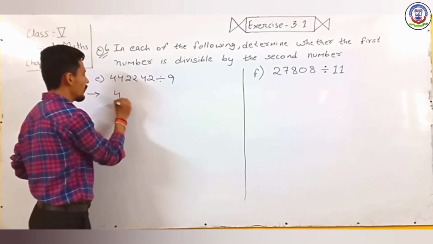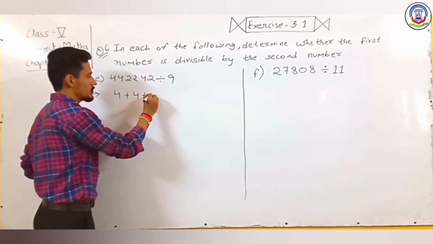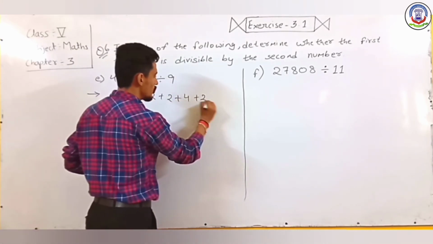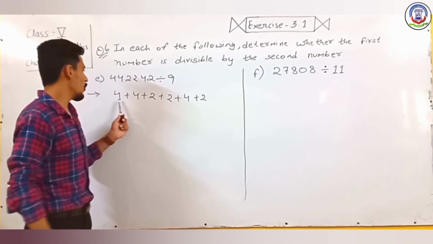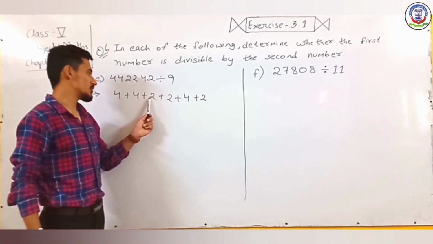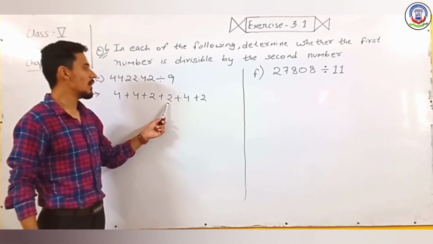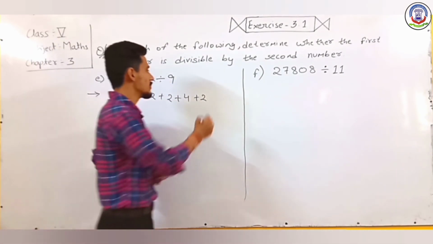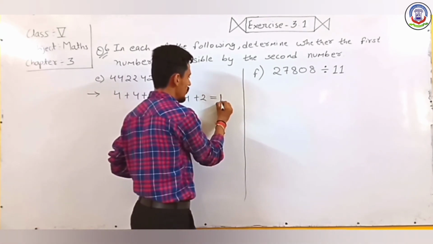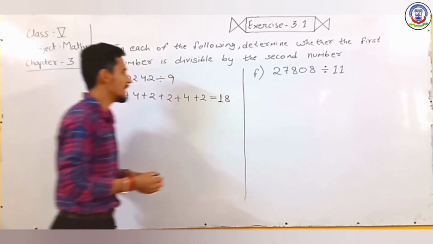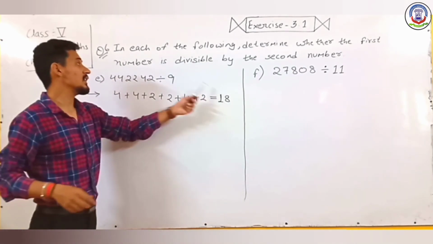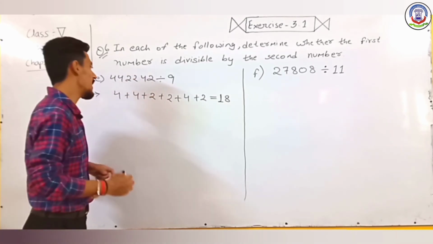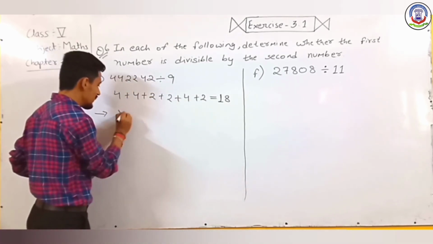We have 4 plus 4 plus 2 plus 2 plus 4 plus 2. So 4 plus 4 is 8, 8 plus 2 is 10, 10 plus 2 is 12, 12 plus 4 is 16, 16 plus 2 is 18. So the addition of this is 18. Now 18 is divisible by 9, so this original number is also divisible by 9. So we write here yes.